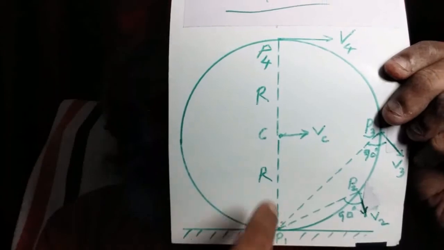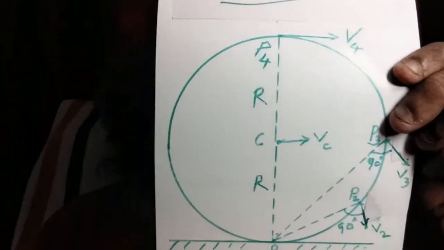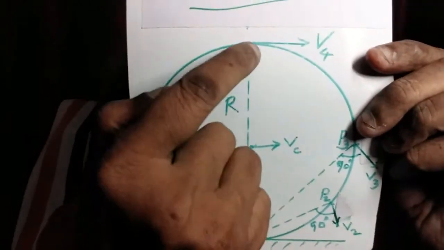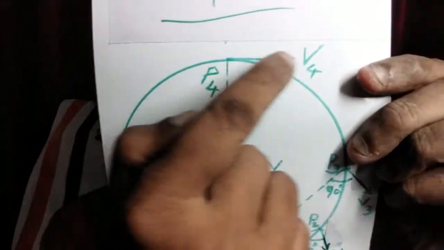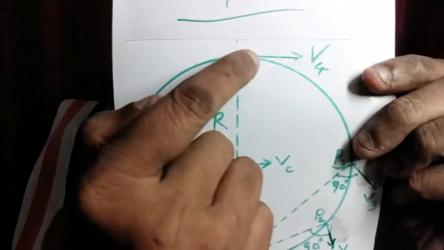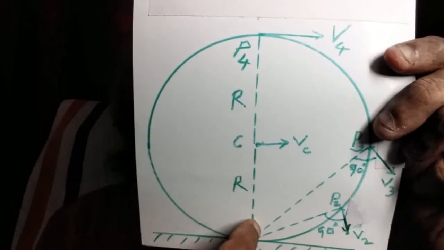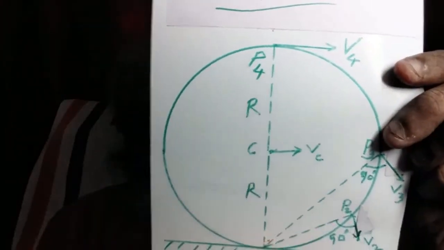Now you take the problem as a circular motion with the center P1 and radius 2r, so that this V4 happens to be the tangential velocity at this instant. So V4 equals this distance into omega, that is 2r into omega, and so on.